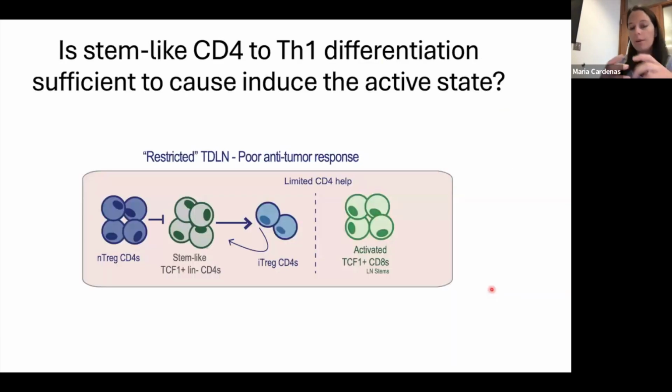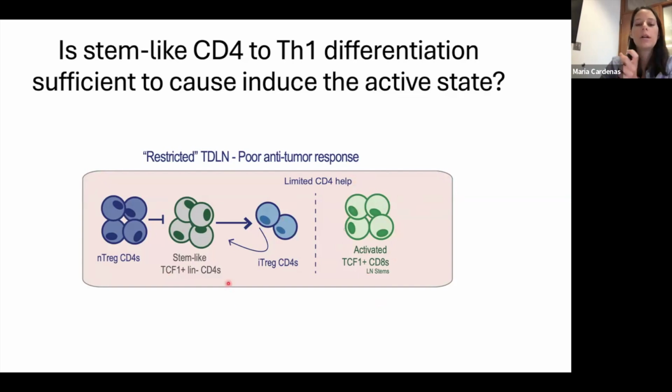And so we can update our model a little bit more in this restricted program, where now we have a huge stem-like CD4 population. It's undergoing ITRA differentiation. And additionally, as Natalia from our group and very many others have shown, we have a big population of stem-like CD8 T cells within the draining lymph node. But with limited CD4 help, they're both pretty restricted.